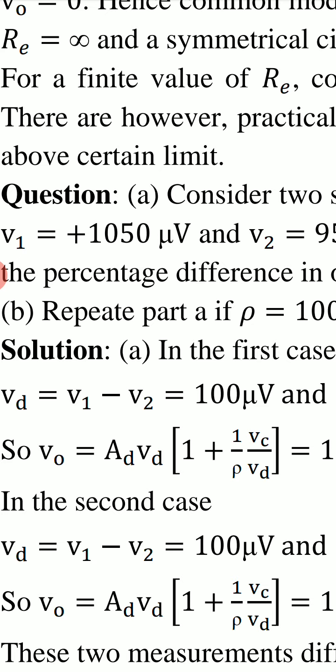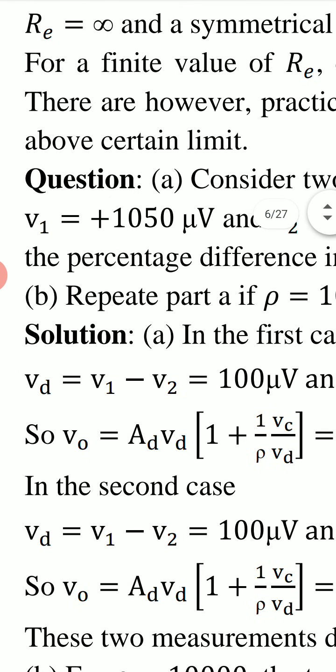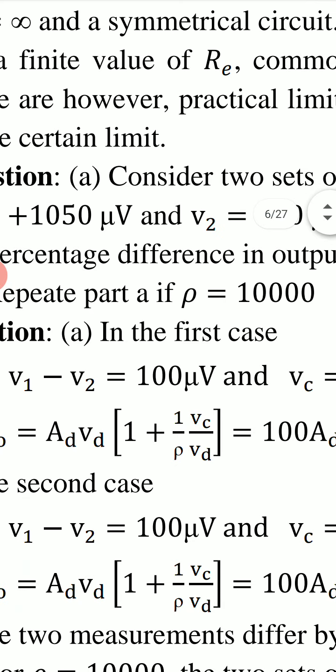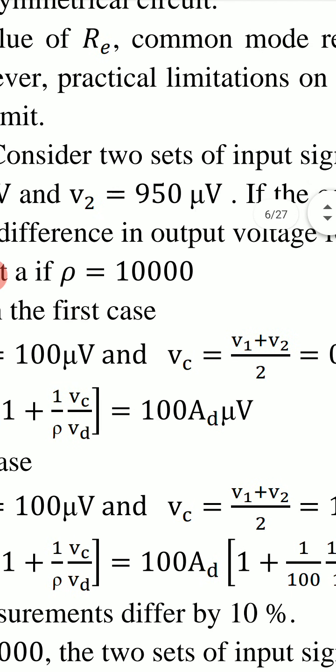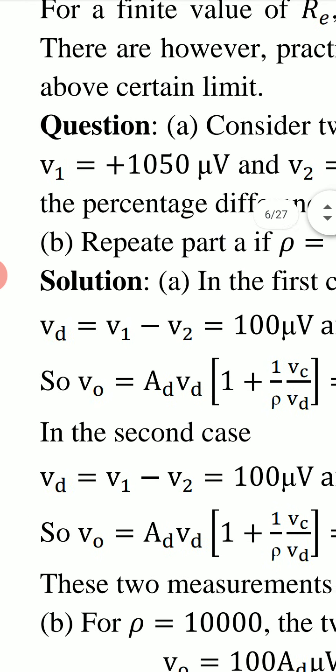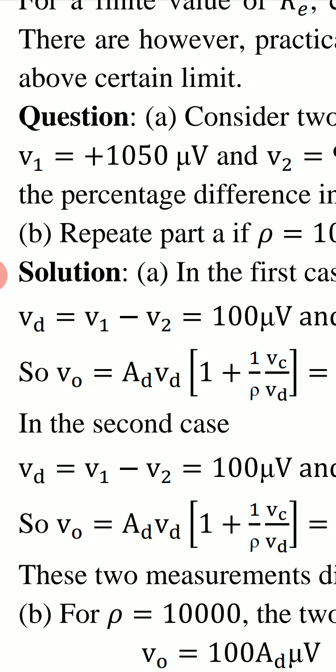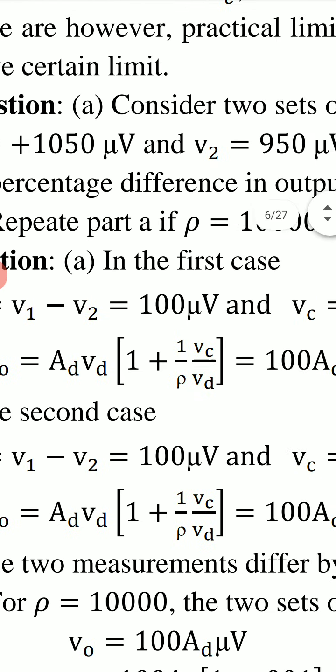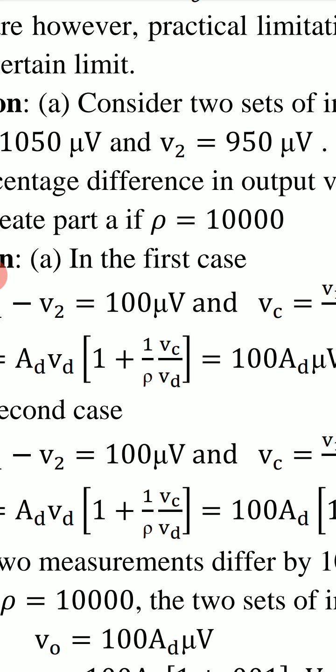So in the first case, we have the difference voltage Vd, which is equal to V1 minus V2, the difference of two voltages. It is equal to 100 microvolt, and the common mode signal Vc equal to V1 plus V2 by 2, which is equal to 0. And the output voltage Vo is equal to Ad Vd into 1 plus 1 upon rho Vc upon Vd.